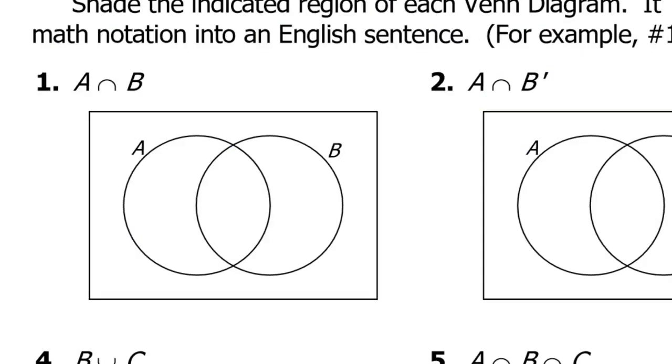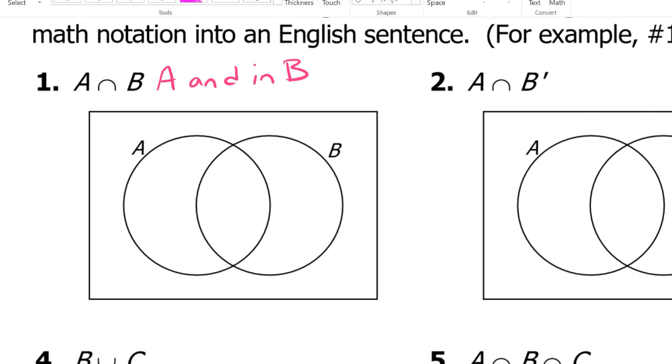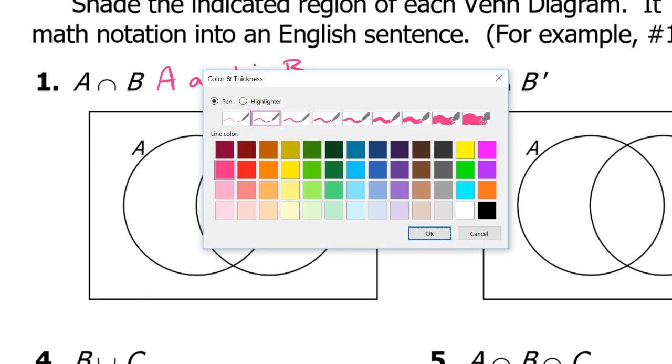So problem number 1, this is the intersection of A and B. That means we want to shade everything that is in A and in B. So if I were to shade that mess, it would look like this.